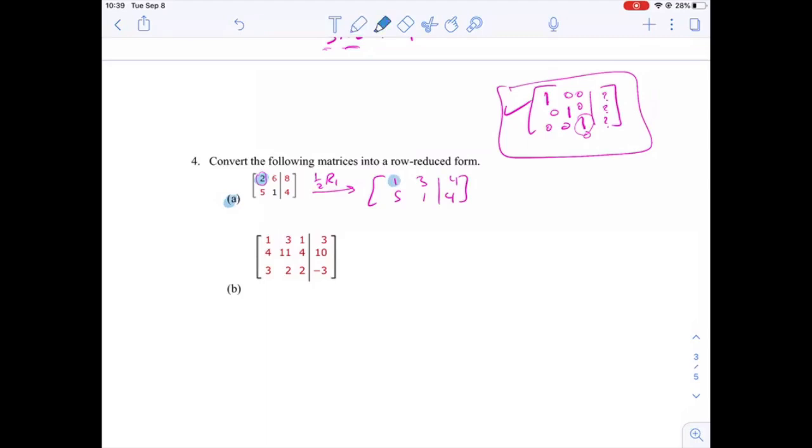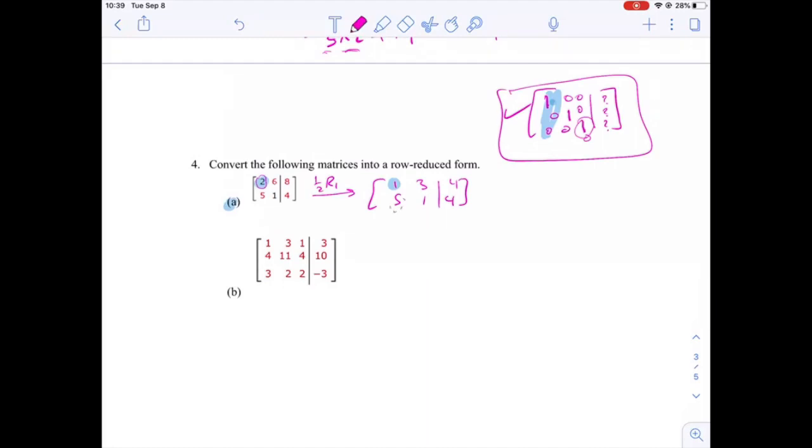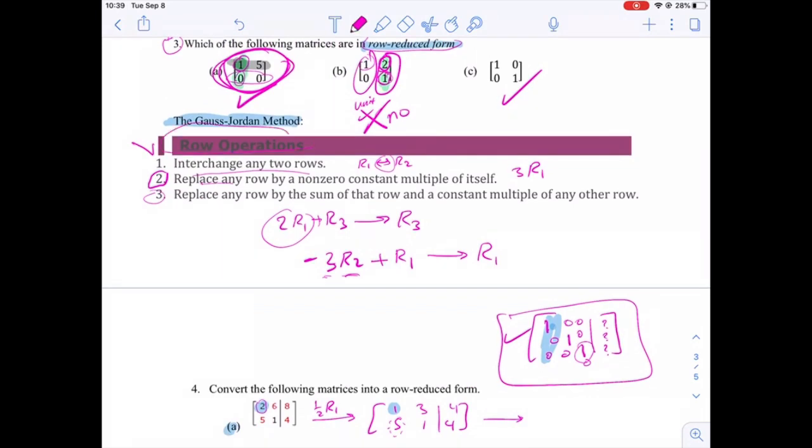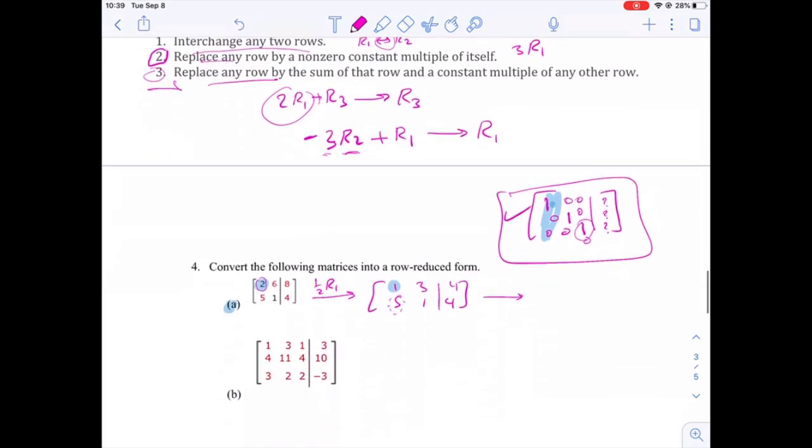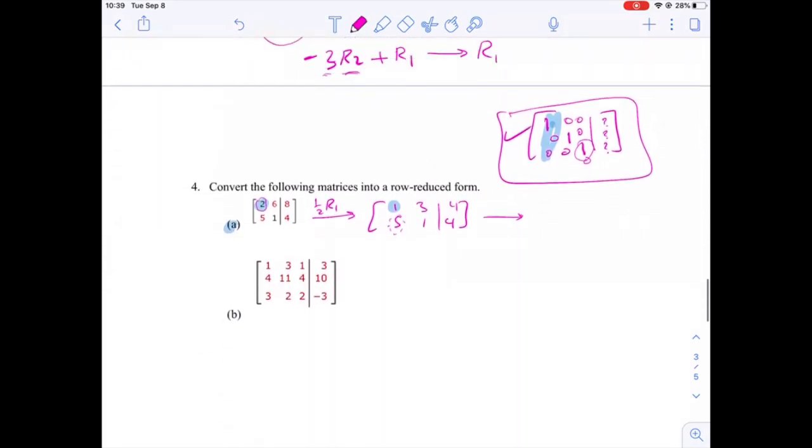Now we need to make everything else in that column equal 0, because that's what we call a unit column. So we want to make this 5 equal to 0. How to do that? We know that using row operations, we can use the third step: we can multiply any row by some number and add the result to another row. If we want to make this 0, we can multiply the first row by -5 and then add that to row 2 and replace row 2 with it.